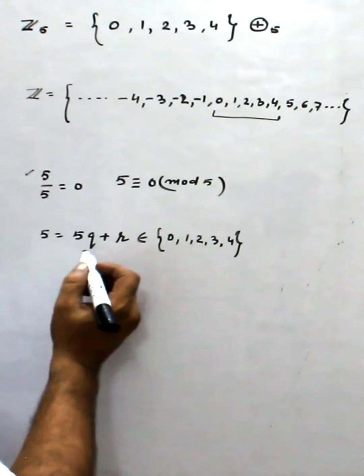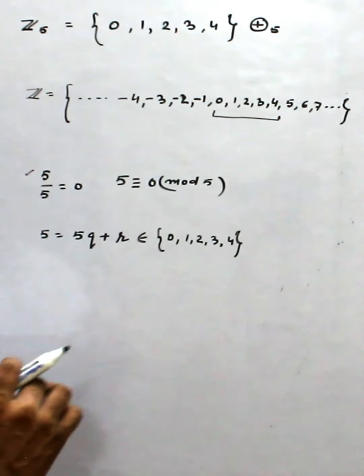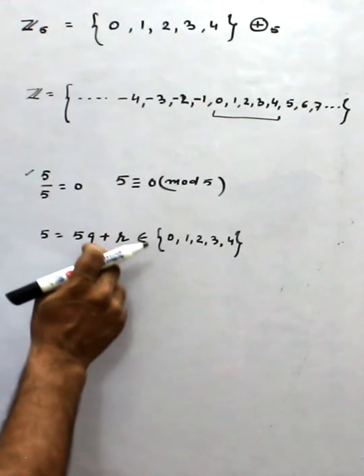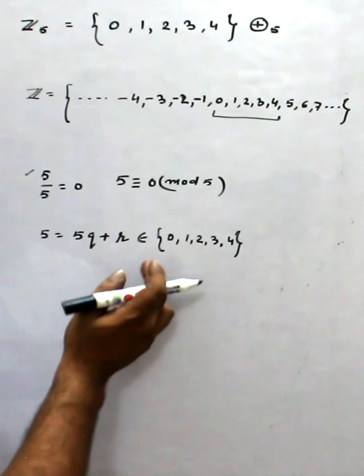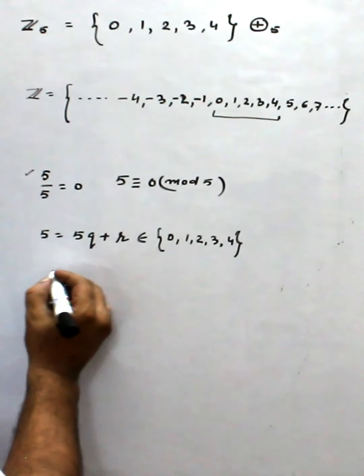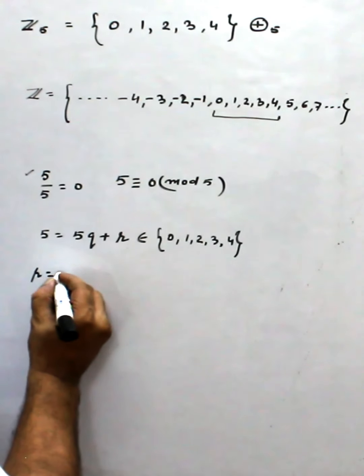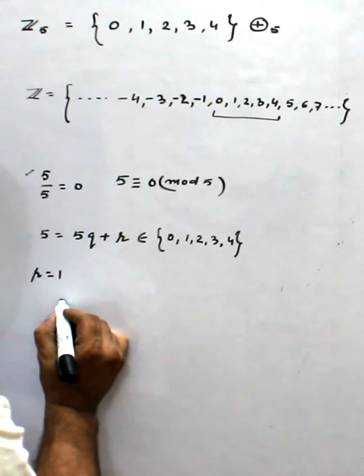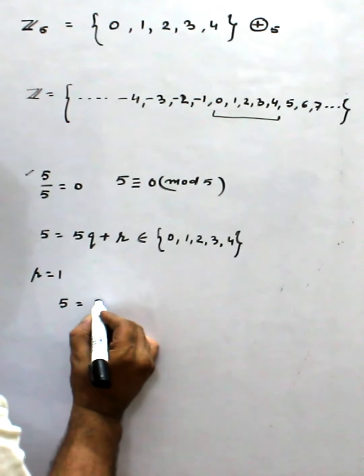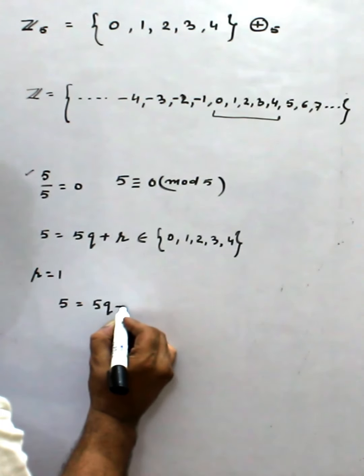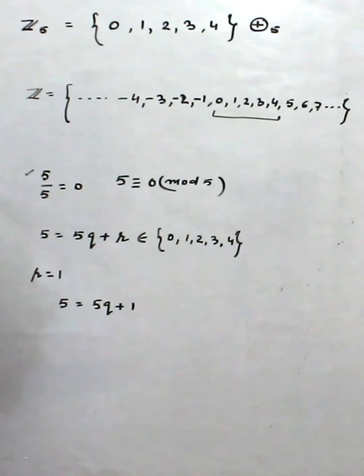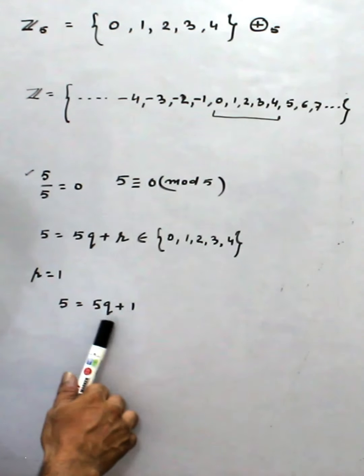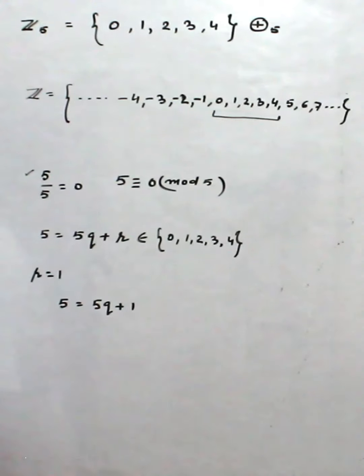If I take 0, then it is definitely fine, but suppose r is equal to 1, then what happens? Then this equation becomes 5 is equal to 5q plus 1. Right? Now what integer do we choose for q?